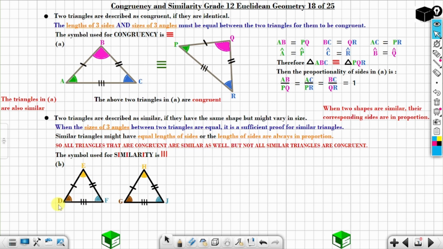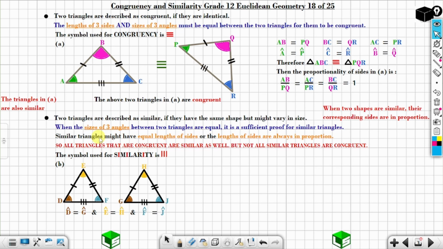In triangle DEF, the side DE is equal to the side GH in triangle GHJ, and side EF is equal to the side HJ, and side DF is equal to the side GJ, and angle D is equal to angle G, angle E is equal to angle H, and angle F is equal to angle J. So this is enough for you to conclude that the two triangles are similar.